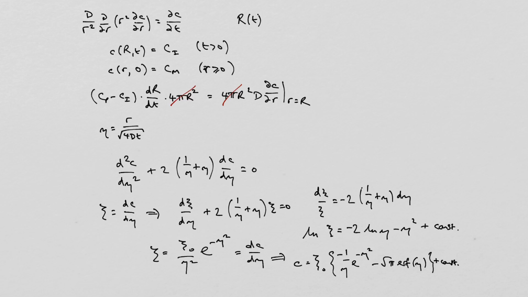But again, this is essentially the same solution that we got for the step. Yeah, so it has the same properties. There's a point where the solution has a fixed value, and it tends to a constant as r tends to infinity.